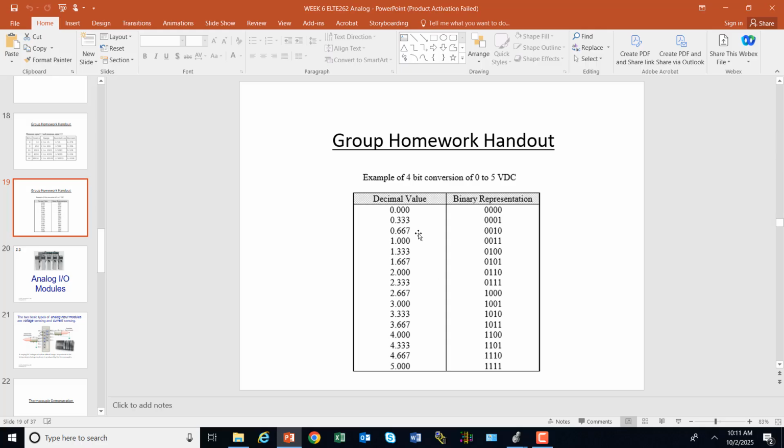With 4-bit resolution, that's kind of gross. So it's going to round. If you have 3.2 volts and you're falling in the middle here, well, it can't read that. It has to land on one of these numbers. If you really need to read 3.2 volts, you're going to need a higher resolution. If you need to read 3.21 volts, you're going to need an even higher resolution. So that's what you've got to think about.